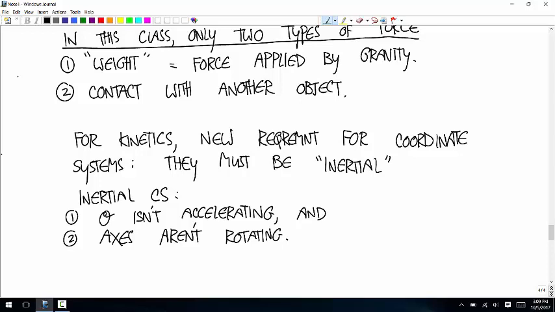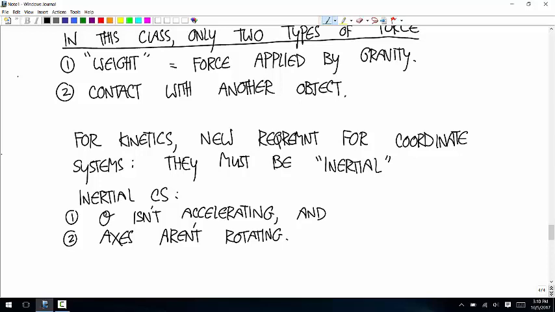But if this video camera is taking measurements of what objects are doing inside that truck while the truck is accelerating or turning, the measurements that that video camera took would not satisfy the kinetics equations that we're going to use. It would look like the laws of physics were being violated. Okay, so that's what it means to be an inertial coordinate system. The video camera taking the measurements can't be accelerating or turning.